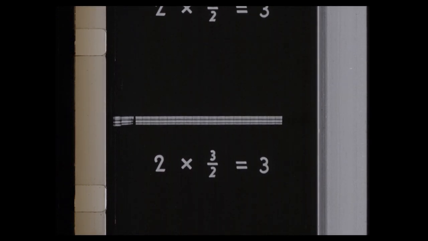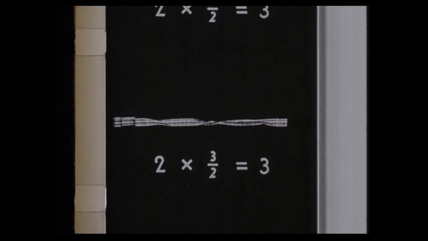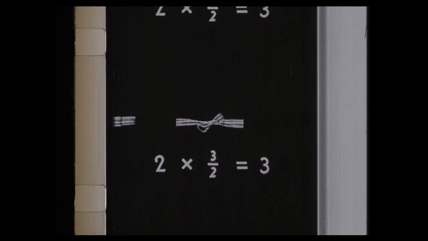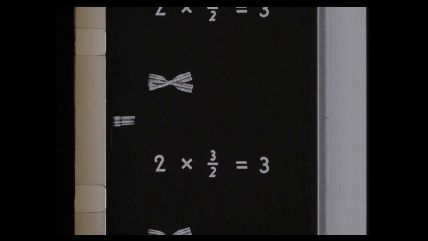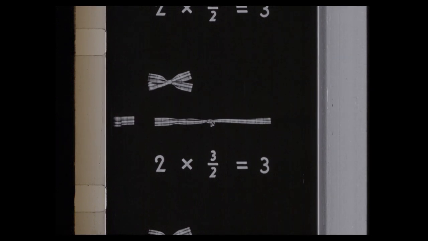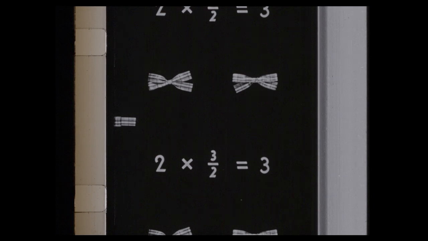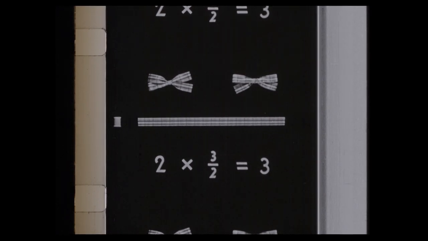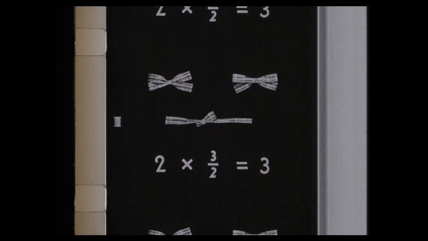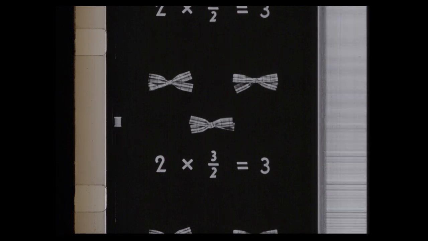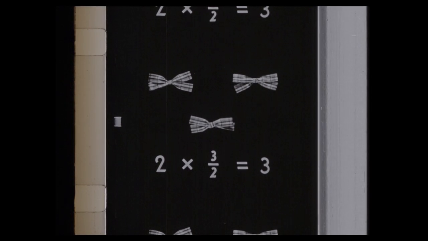The answer is 3. Then she ties the bows. She finds that her arithmetic has given her the correct answer.